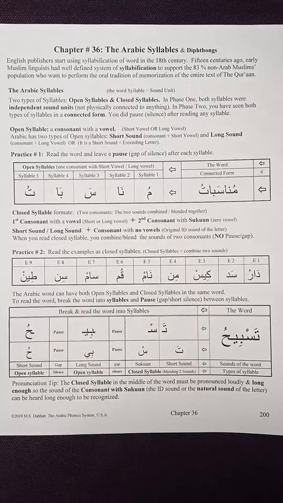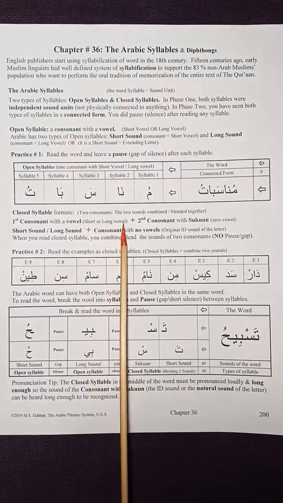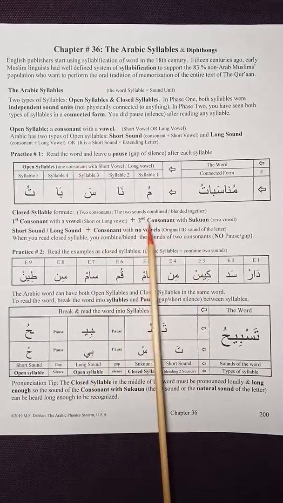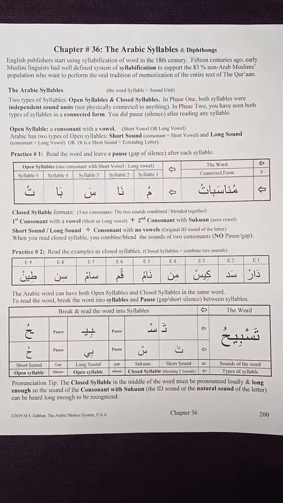What is the difference between open and closed? An open syllable can only be a short sound or long sound. But the closed syllable is 2 consonants. And the sound of these 2 consonants, we combine them together. There is no pause between them, right? The first consonant has a vowel, either short or long. Then we have the second consonant with sukoon, or zero vowel, and we combine them, right?